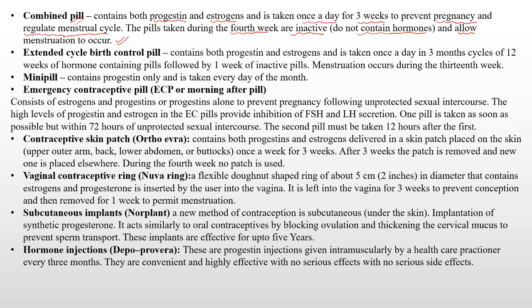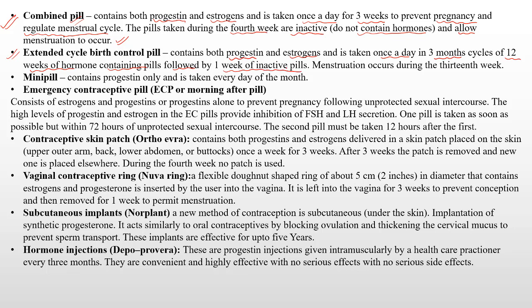Now, the extended cycle birth control pill contains both progestin and estrogens and is taken once a day for 3 months, a cycle of 12 weeks of hormone containing pills followed by 1 week of inactive pills.